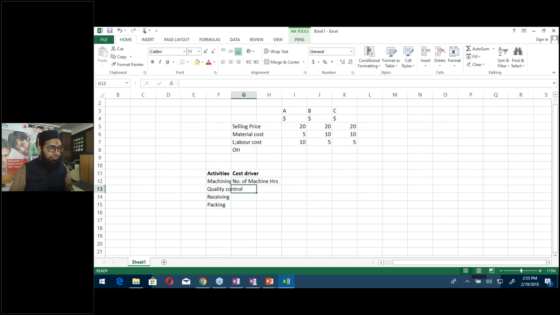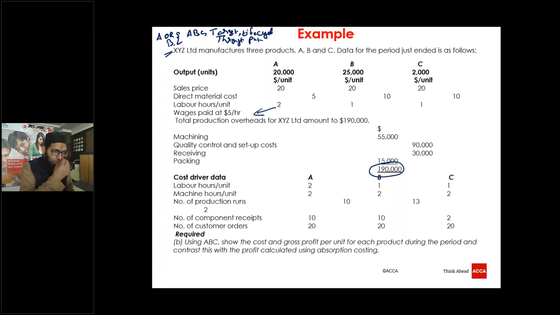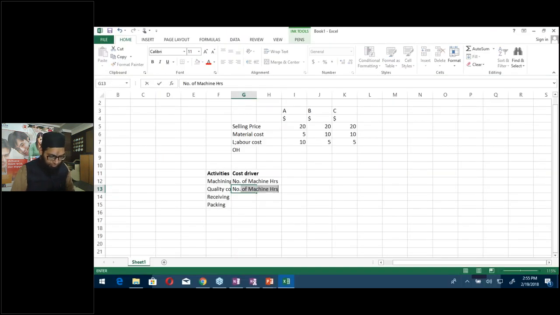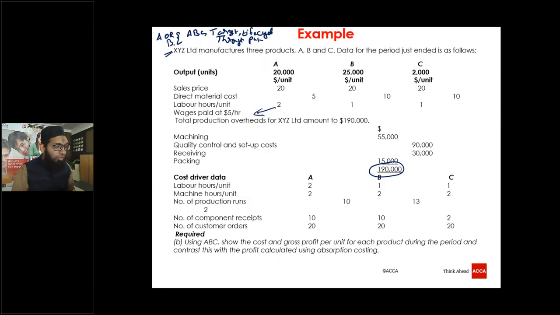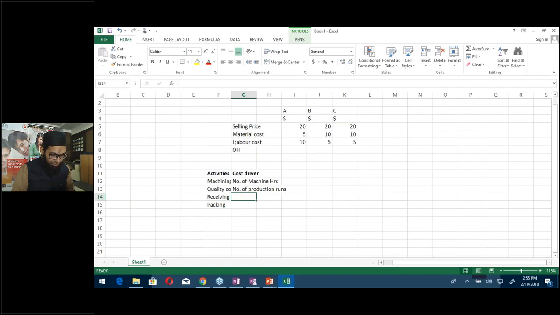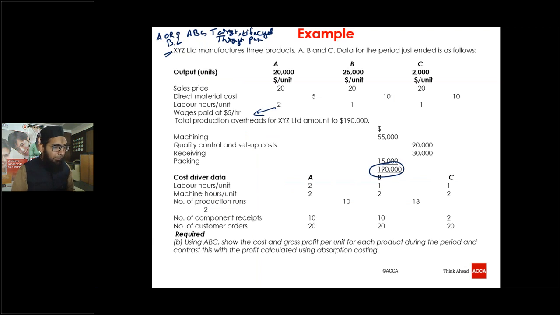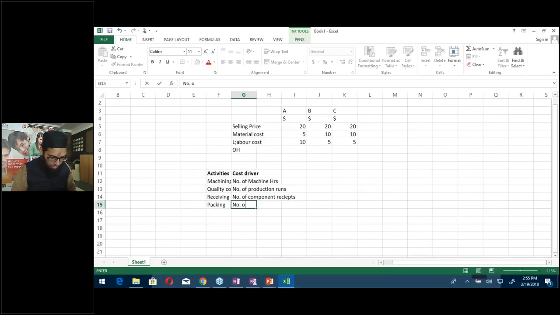For quality control, it should be number of production runs. For receiving cost, it will be number of component receipts. And for packing, it will be number of customers.